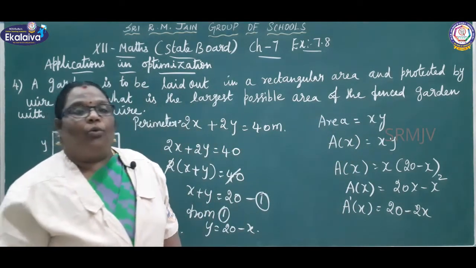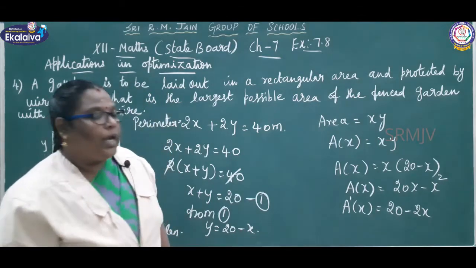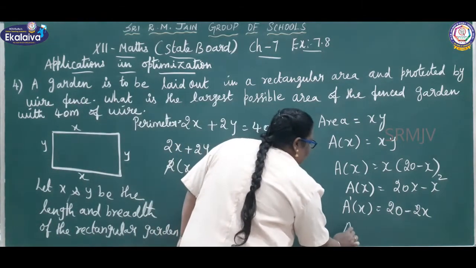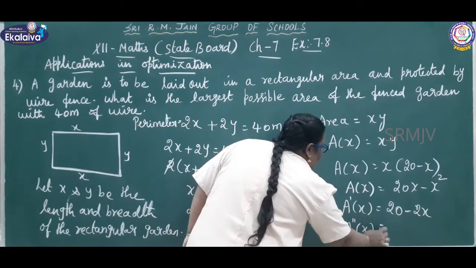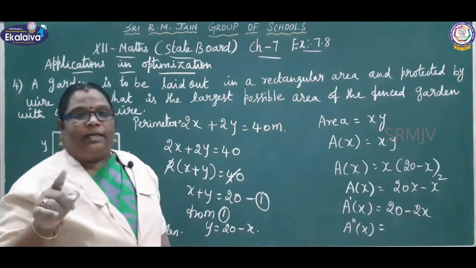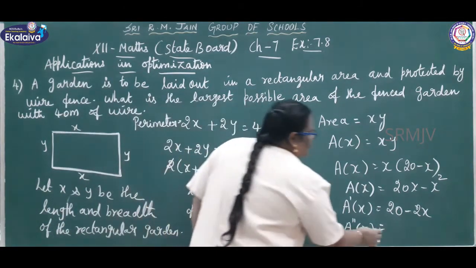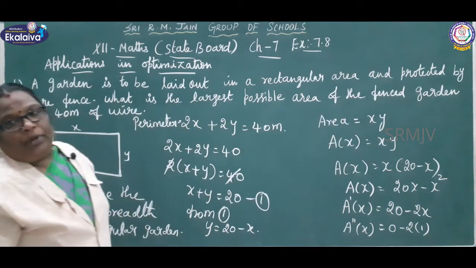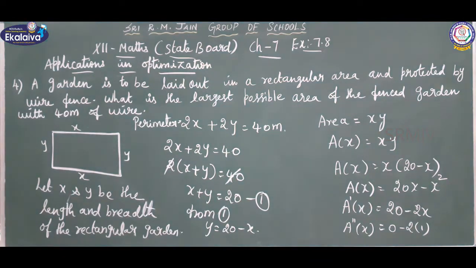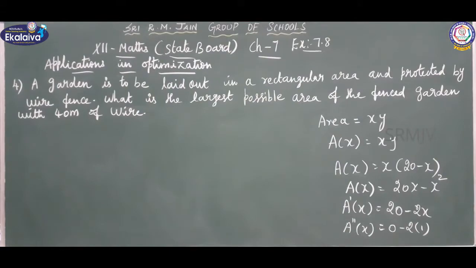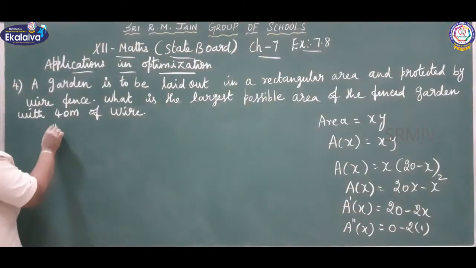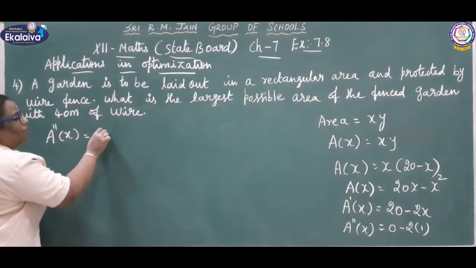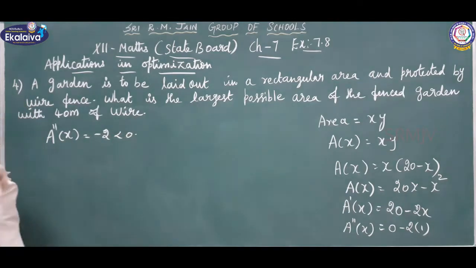Because x becomes 1, 20 minus 2x. A double dash of x equal to, 20 is constant so it becomes 0, minus 2 into x becomes 1. What is A double dash of x? Minus 2. A double dash of x equal to minus 2, it is less than 0.